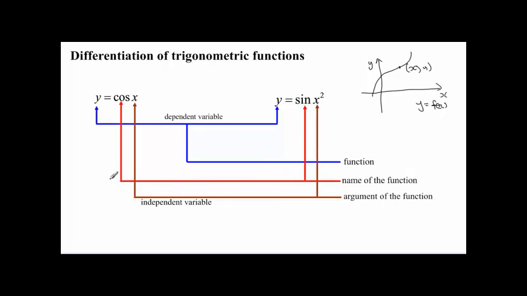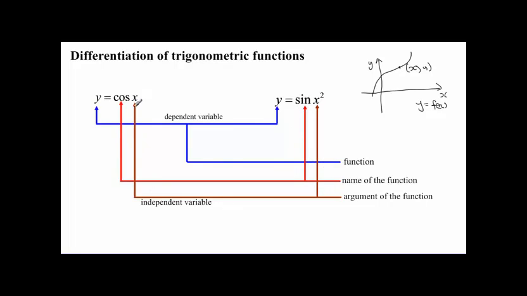And then cosine and sine are just names of the function, and the name might also indicate the type of function you're dealing with. As long as you're dealing with cosine and sine, we know we're dealing with trigonometric functions. And then y, we've said here, is just a function. The name might change, you might get exponential or power function and so on.